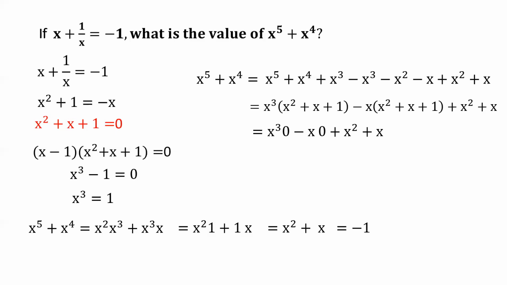So the first term becomes x cubed multiplied by 0, the second term becomes minus x multiplied by 0, and we are left with x squared plus x. And again from that red equation, x squared plus x is negative 1. So we are left with just negative 1.